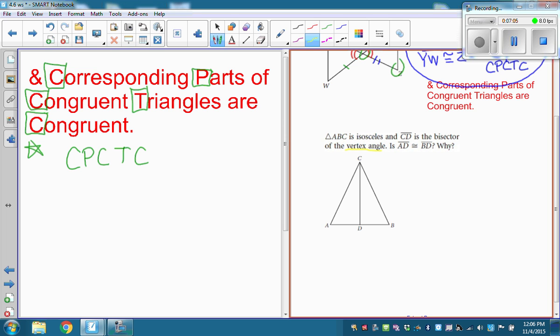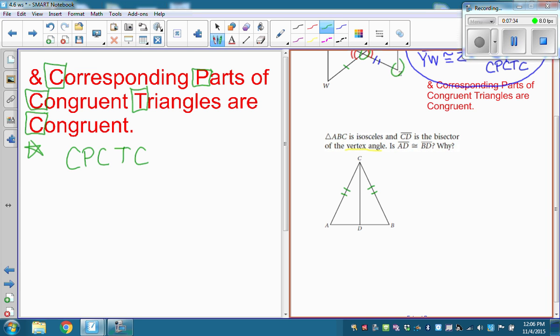So you do know these two sides are equal. Yes. Okay, so Aki, what else do you know? CD is the bisector of the vertex angle. So it's an angle bisector. If it's bisecting an angle, it's an angle bisector.